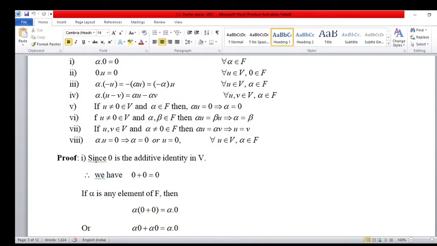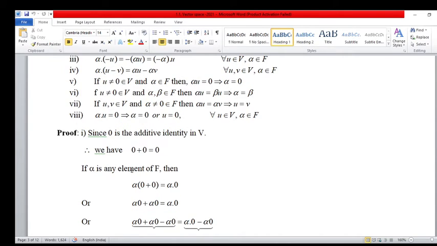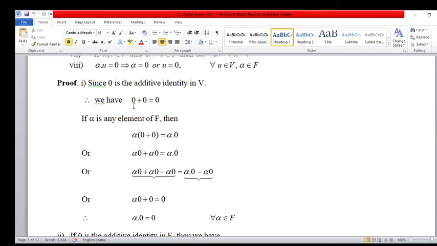Now we take the first property. Since 0 is the additive identity in V, therefore we have 0 plus 0, meaning 0 vector plus 0 vector is equal to 0 vector. Alpha is any scalar, any element of F. Then alpha multiplied by 0 plus 0 is equal to alpha into 0.